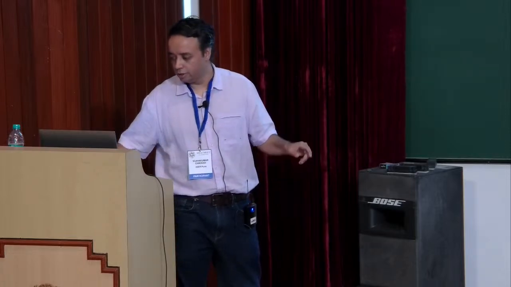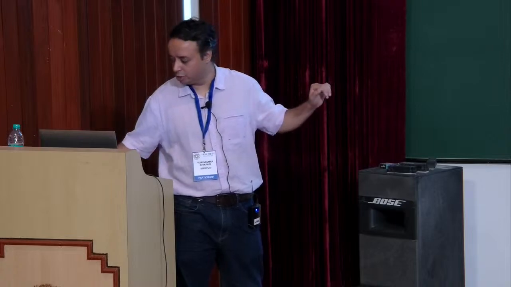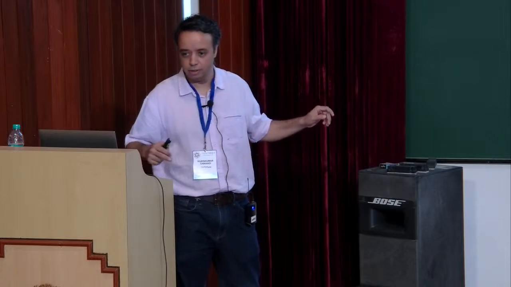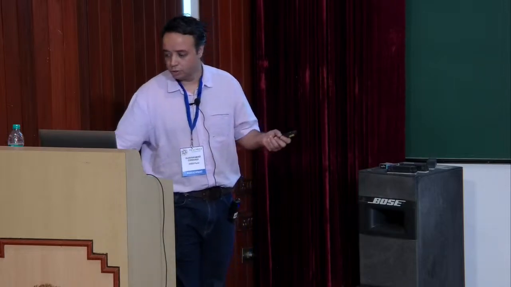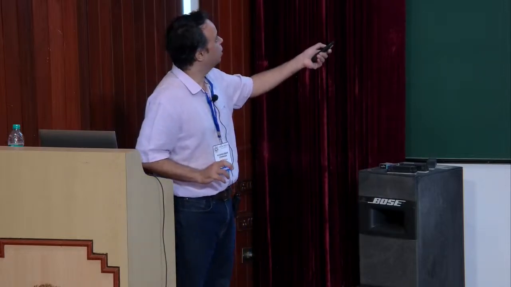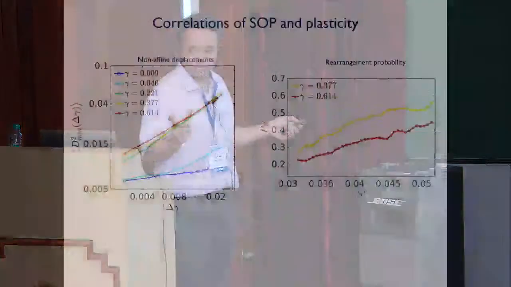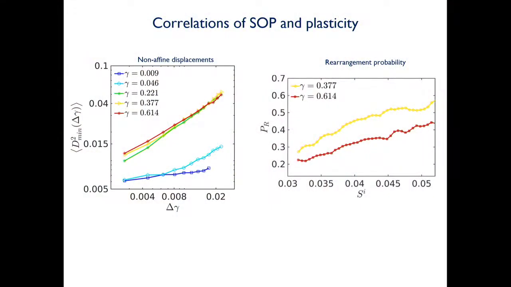Whatever data I've shown you in this movie corresponds to gamma in the steady state. Around each gamma, we take a delta gamma window and look at the rearrangements. In the transient state, if you look at the same strain scale, the number of rearrangements is very, very small. Even when you look at the raw data, you will see very few rearrangements in the system.